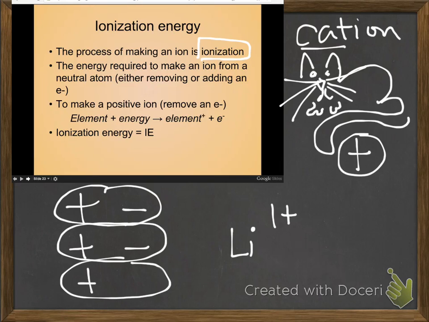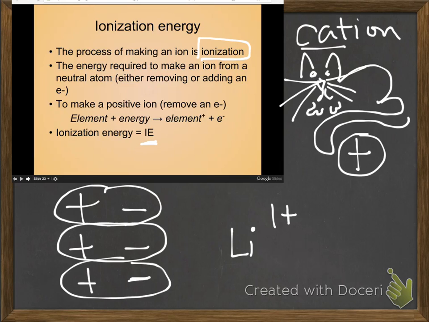But we're going to talk about IE, which is ionization energy, in terms of positive electrons right now. When we've got lithium, and it's got 3 protons and 3 electrons, and it's neutral, there is some amount of energy that's required to pull that electron away from the outside.